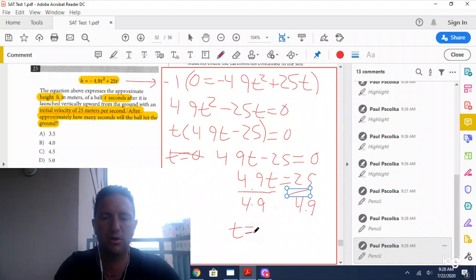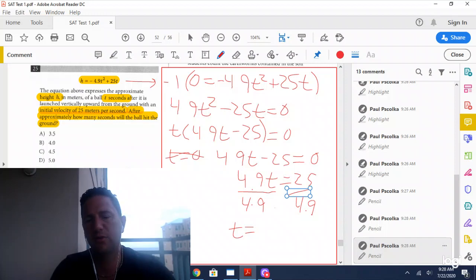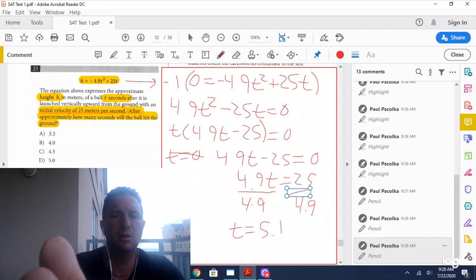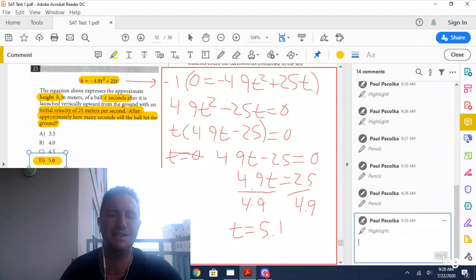I don't have my calculator on me, but I'm sure you have yours. You know that 25 divided by 5 would give you exactly 5. 25 divided by 4.9 is going to give you just over 5. Maybe it's around 5.1. But when looking at the answer choices, you could see that the answer must be D.